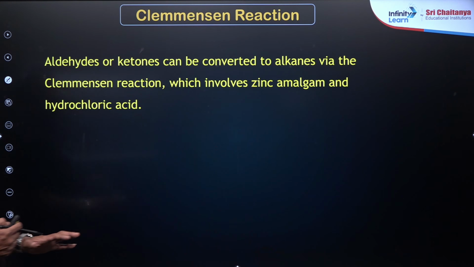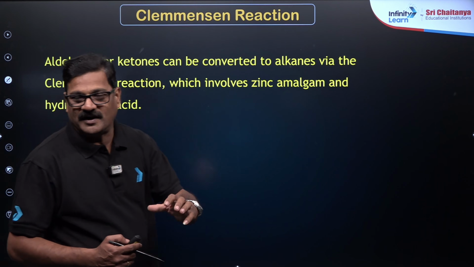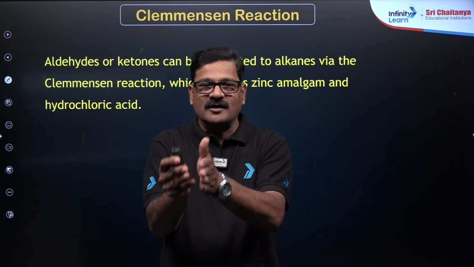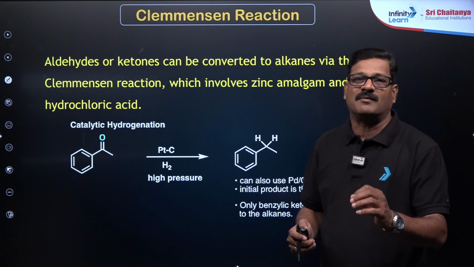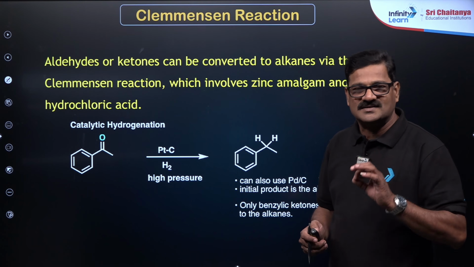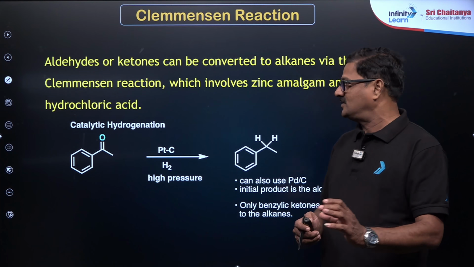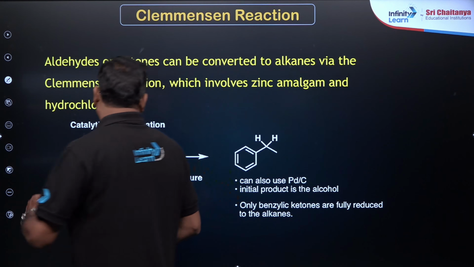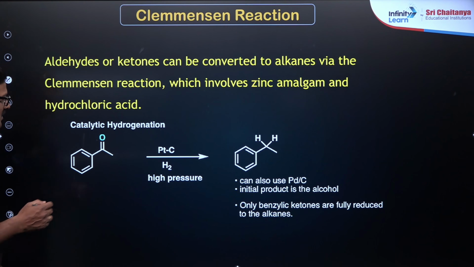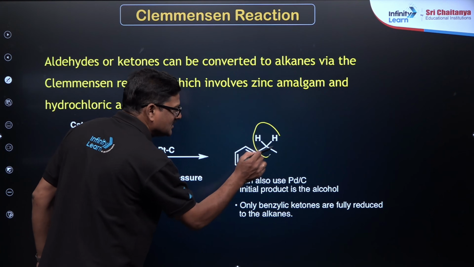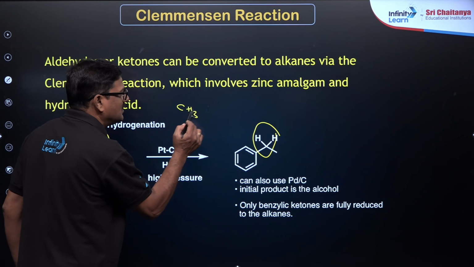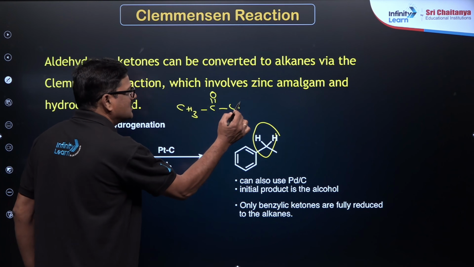Okay, let us talk about Clemmensen reduction. It is a kind of reduction where a carbonyl group is converted directly into alkane by treatment with zinc amalgam. It is an acid media reduction. So remove this and make this CH2. I want to say CH3, C double bond O, CH3.